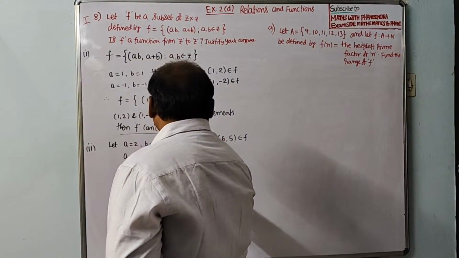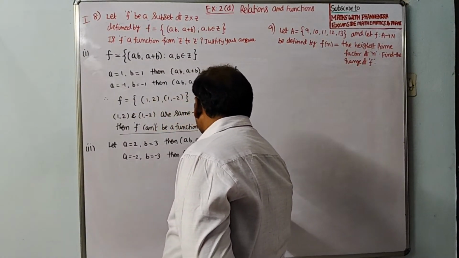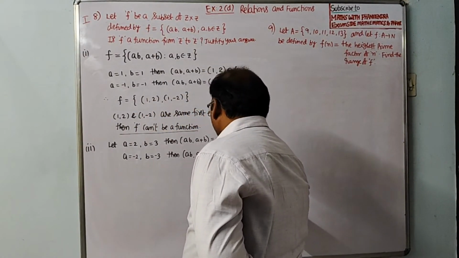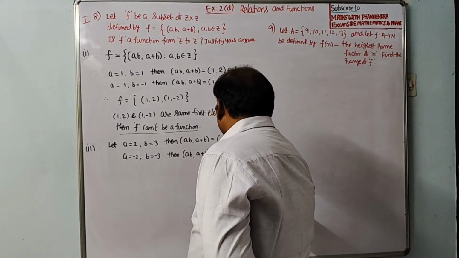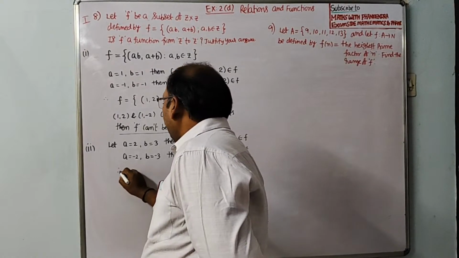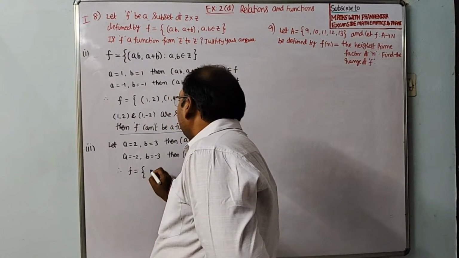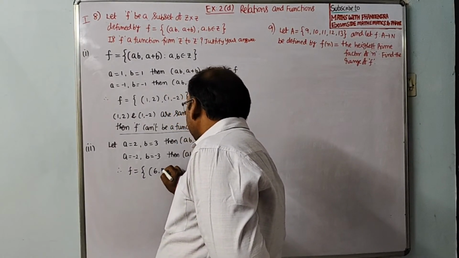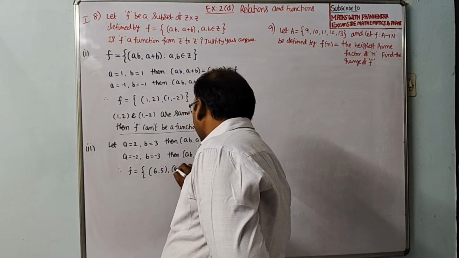Then (AB, A plus B) gives (6, minus 5). Therefore, F equal to (6, 5), (6, minus 5).